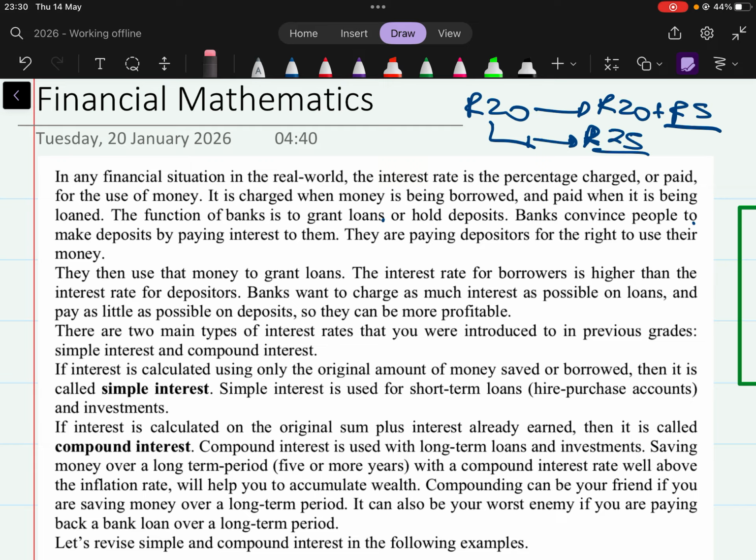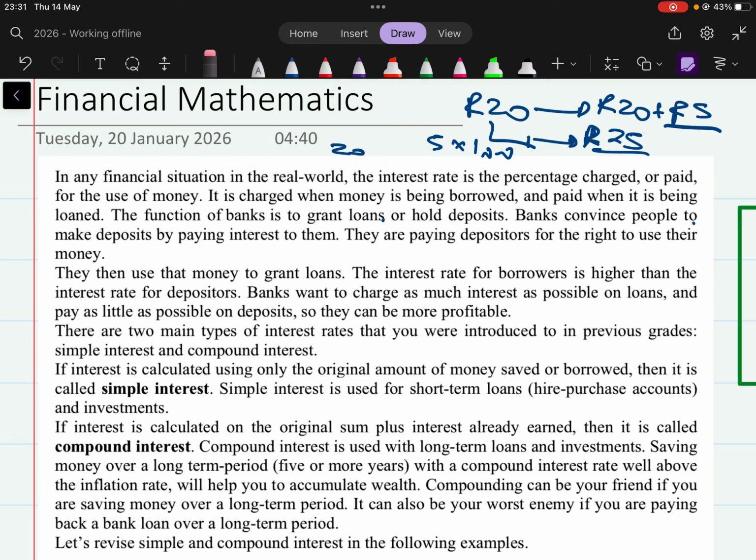Okay, it's a quick calculation: 5 divided by 20 equals how much? 5 divided by 20 is 0.25, and you can convert it to a percentage by multiplying by 100 so that it becomes 25%. So this is how interest rate is usually written.